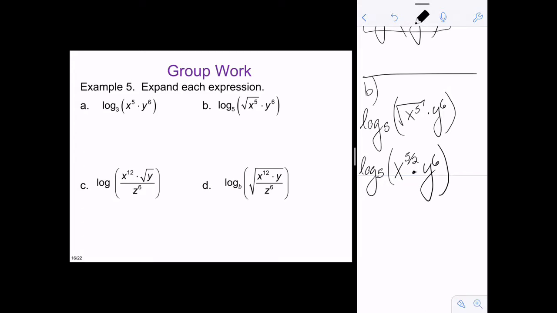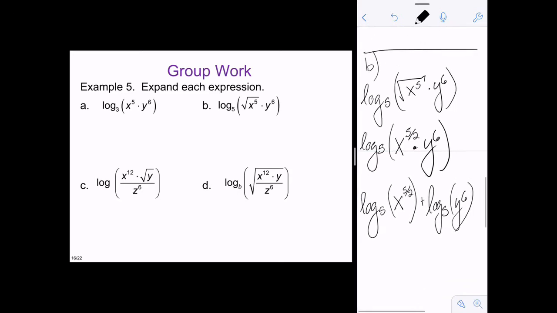I have multiplication on the inside, so I was told that turns into addition on the outside. So log base 5 of x to the 5 halves plus log base 5 of y to the 6. And now I'm going to bring my p-value out. So I'm going to take my power and it's going to pop right out.